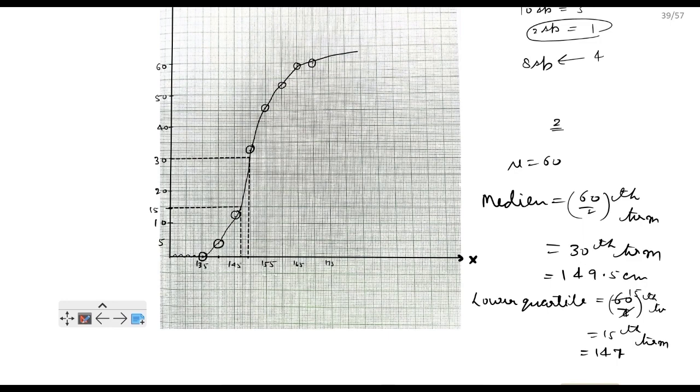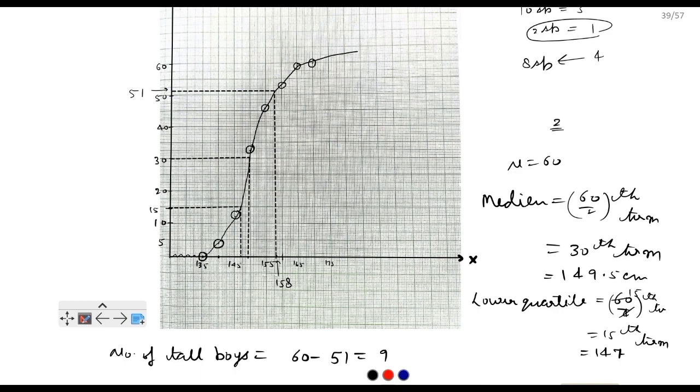This is 160, and if we take 2 points less then we will get 159 and then again 2 points less we will get 158. After 2 marks it will be 51. Then number of tall boys is equal to 60 minus 51, 9 boys.